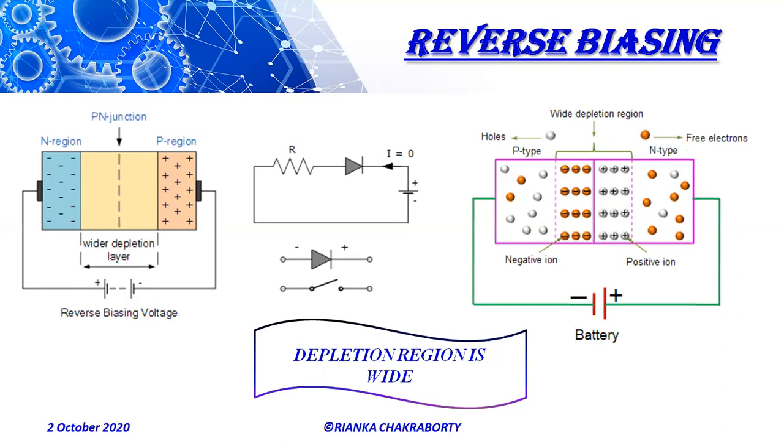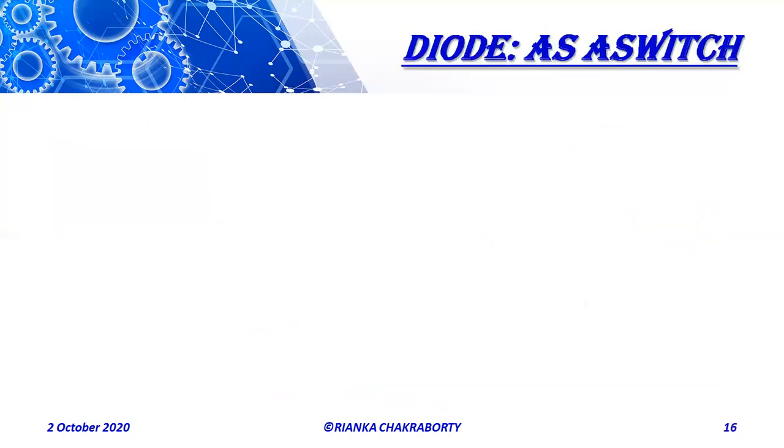The reverse saturation current is practically independent of the applied reverse bias, but it increases with the rise of temperature of the junction diode. That means the depletion region for reverse biasing is wide. So we can see that the depletion region is narrow for forward biasing and wide for reverse biasing.